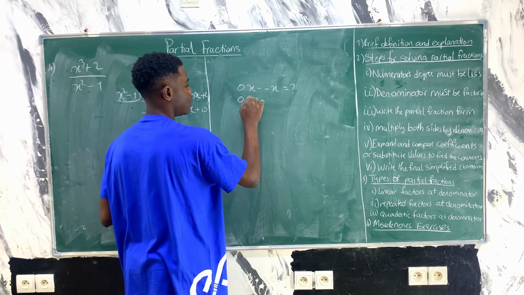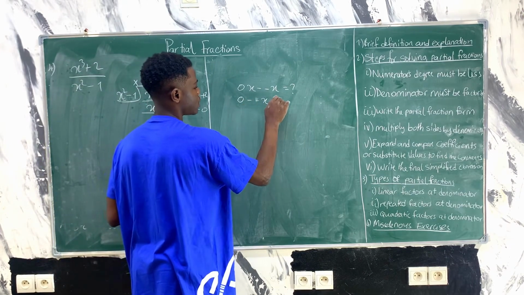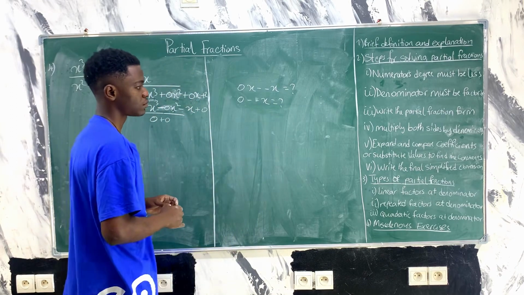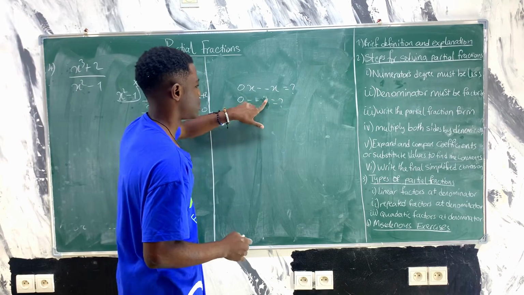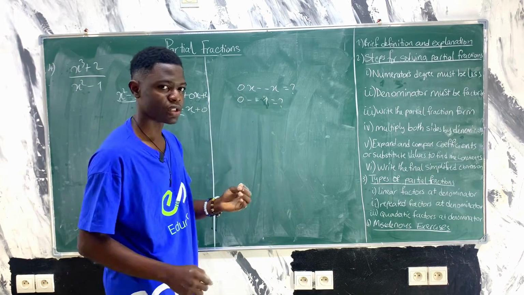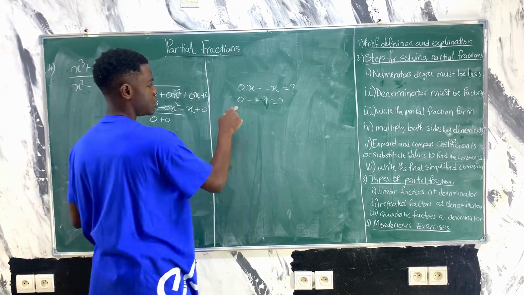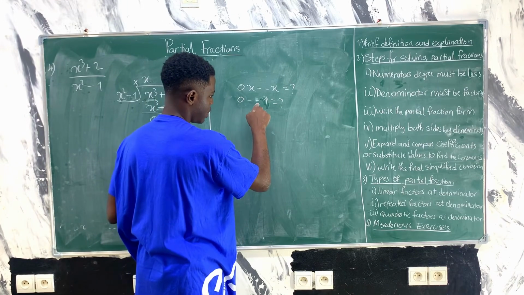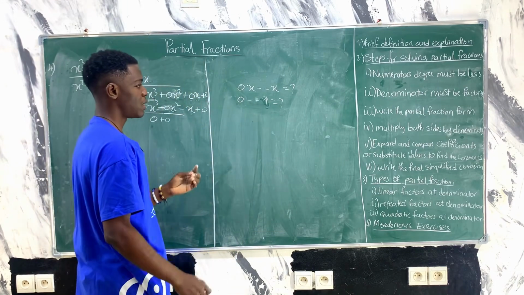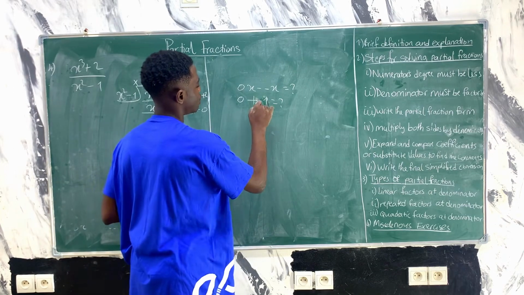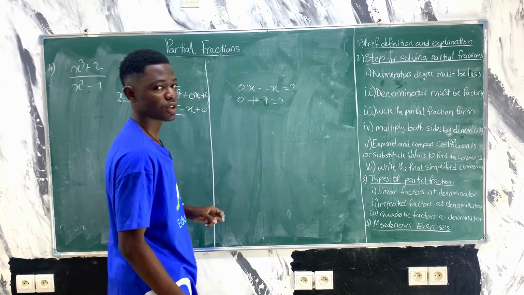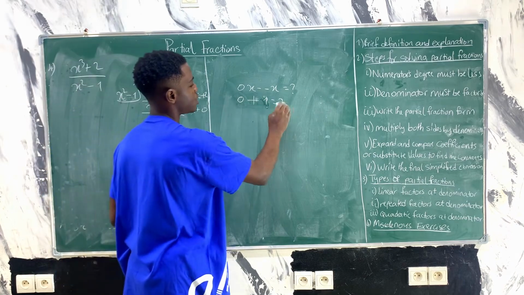So 0 minus minus x is equal to what? If you doubt the answer here, you can take your calculator and replace x maybe by 1. You punch 0 minus minus 1. I always tell my students that when you see minus and minus, you just put a plus on it. You just put this cross, so I should put plus. That will be the same as 0 plus 1, which is equal to 1.